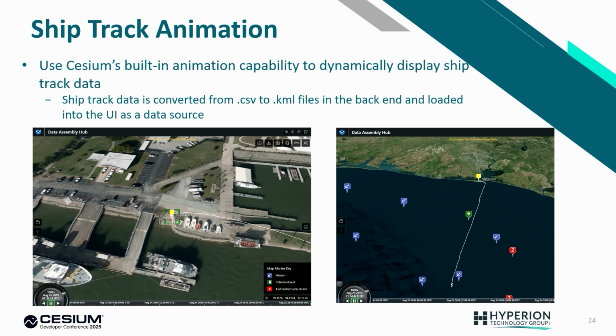So an example is we have ship track data. Typically they're CSV files that we are converting into KML files, and then from there we're able to load them into the Cesium viewer, and then the users can use the timeline below to animate this. And so we have some examples of some ship track data that we have available.